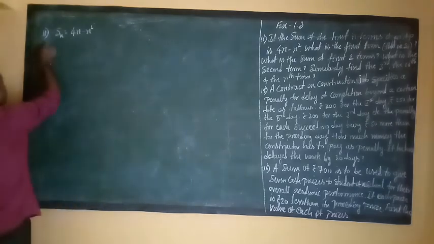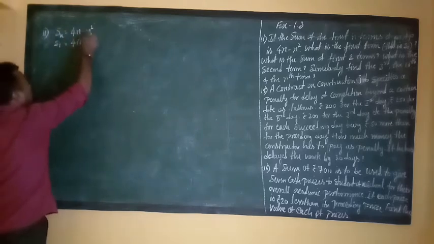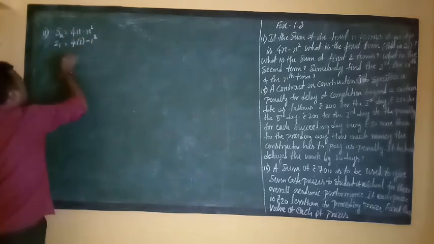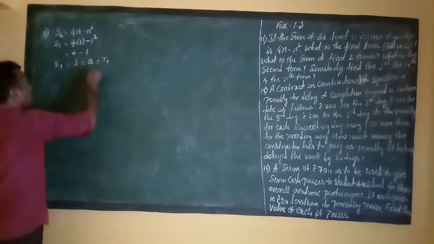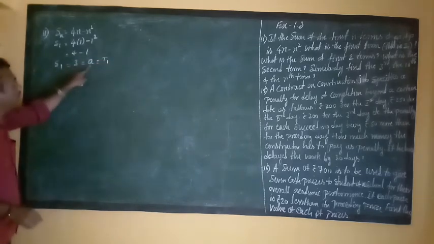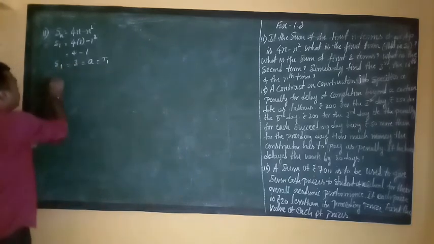That means if you put n equal to 1, S1 is equal to 4 into 1, we have to put 1 instead of n. So 4 into 1 is 4, minus 1 square means 1, 4 minus 1 is 3. This is S1. That means A, that means T1, all are the same. So therefore the first term T1 is equal to 3.